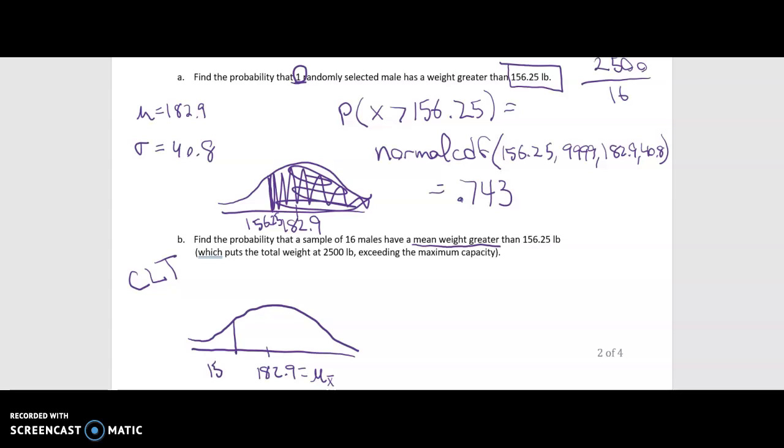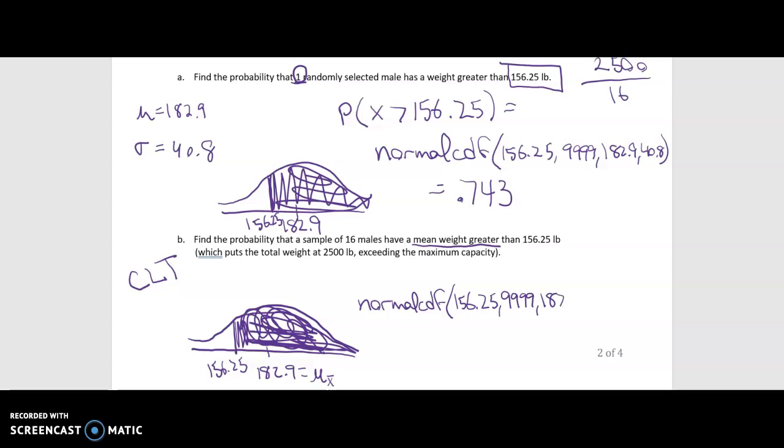We have 156.25, and we're shading to the right. So we're going to use normal CDF of 156.25, high number 9999 for our upper bound.